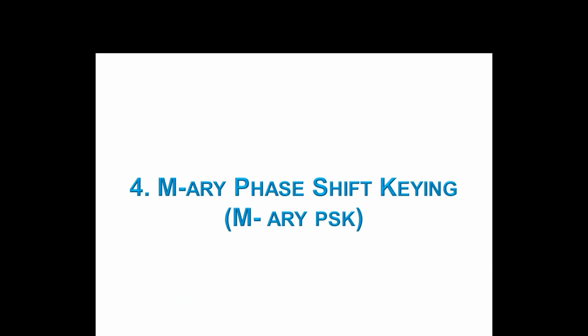Quadrature phase shift keying means we transmit four different input symbols. In M-ary phase shift keying, we can transmit M number of inputs, whether it may be 2, 4, 8, 16, 32, like that. So we have to use M number of phase shifts for M different input symbols.